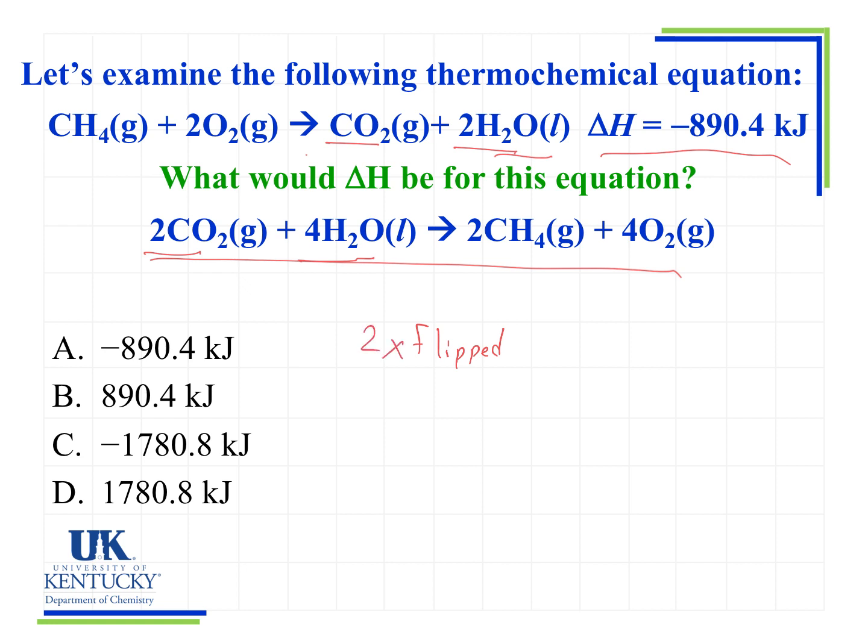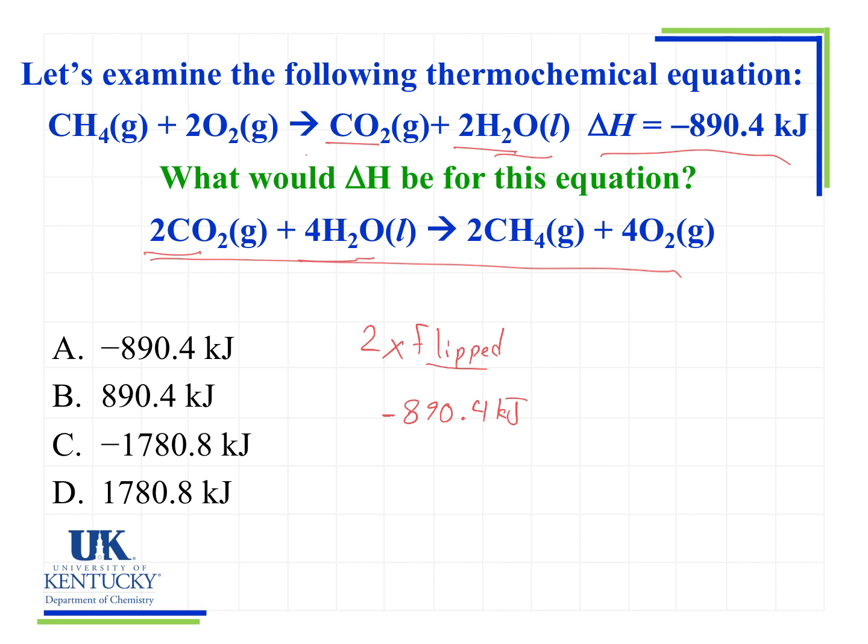So we say when we multiply a number by the reaction, you have to multiply it by the delta H. And when you flip it, you change the sign, right? So we had negative 890.4 kilojoule.